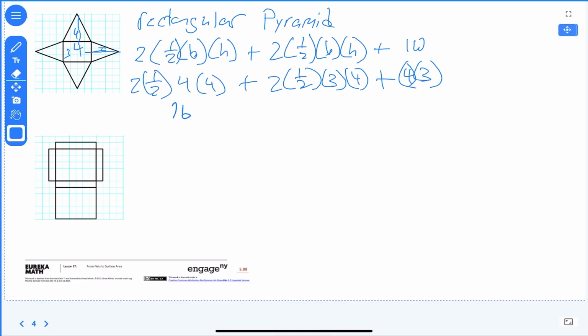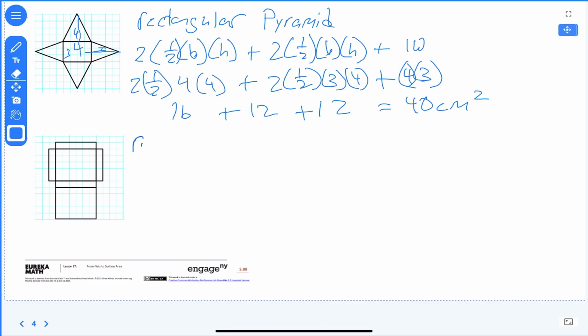And if we do that, that is 16 plus 12 plus 12. And that is 40 centimeters squared. Everybody got it? All right, let's look.